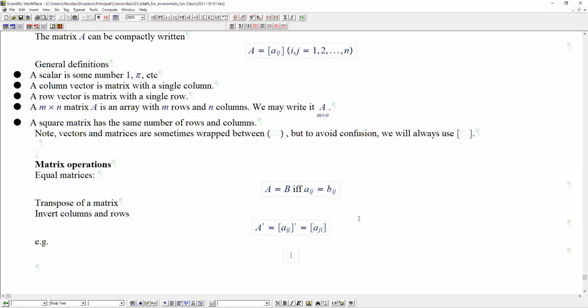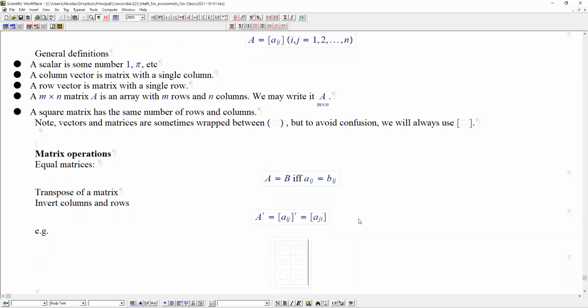So if I have a 3 by 2 matrix, where I have A1, A2, B1, B2, C1, C2. If I take the transpose of this, then I get, first of all, I had 3 rows and 2 columns.